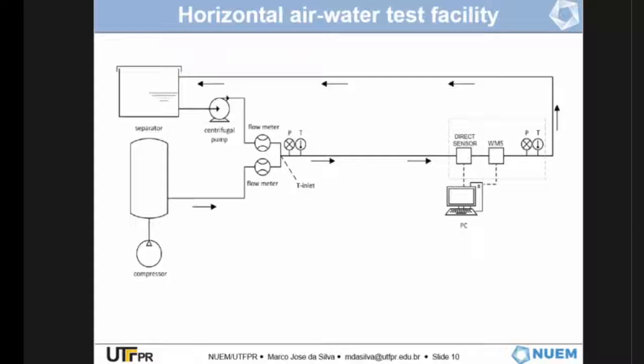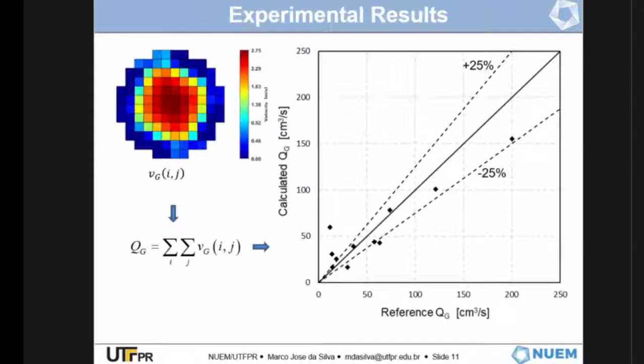So having done that, we went to the test bench we have in our university, where we generate the two-phase flows that I showed you before the measurement. And this is just an example of that velocity distribution.